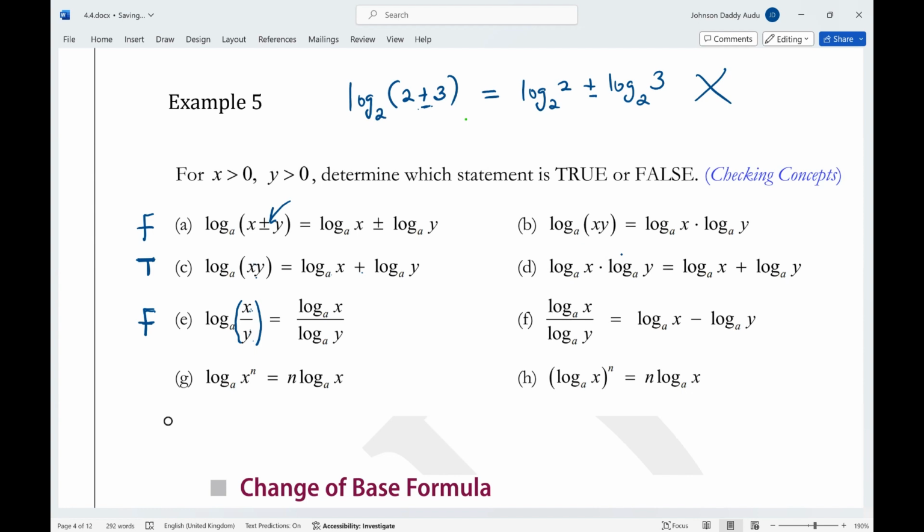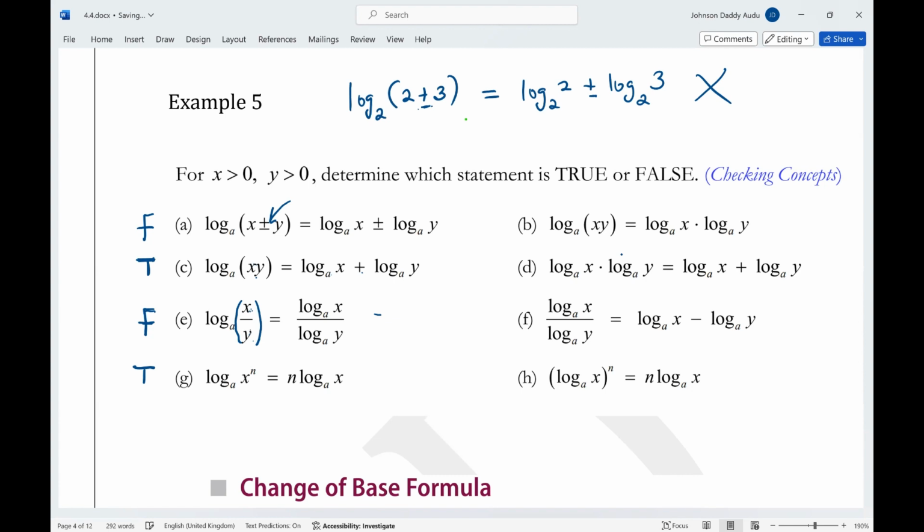This is false. Because this log to base a of x over y, this is supposed to be what? It's supposed to become log to base a of x minus log to base a of what? Of y. This should be the right answer. So let's remove this and stick with the false statement. And for G is true, right? Yeah, because your n will come down and you have log to base a of this.